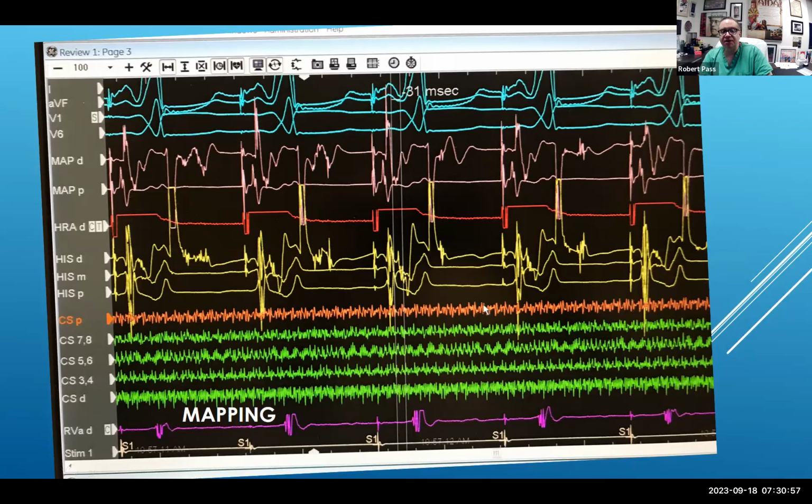And generally speaking, you'd like to be a minimum of 20 to 30 milliseconds before the onset of the QRS. You'd even want to be more than that if you could. And you also want the AV time locally to be as tight as possible. In this case, this is the electrogram on the distal ablation probe.